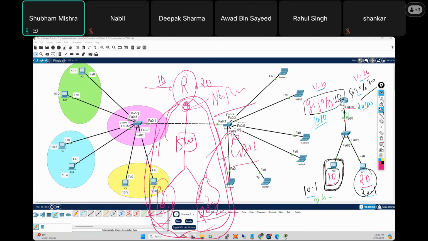But again, I want to tell you, these two PCs are in different VLANs.